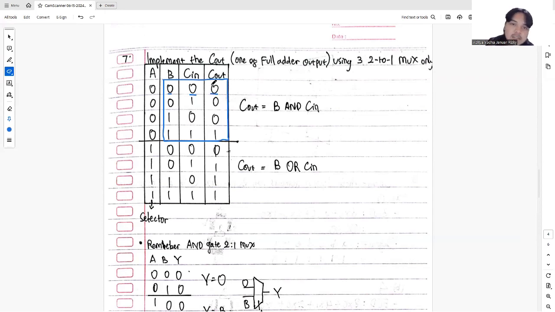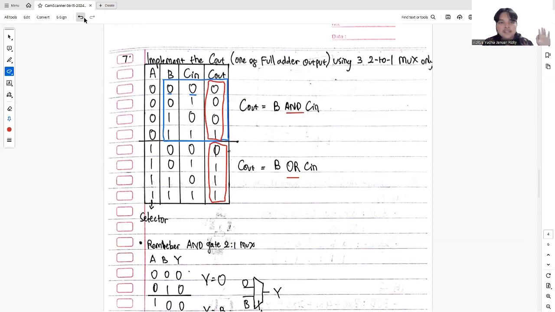You can see the characteristic of this output, and we can conclude that this behavior is exactly the same as the AND gate. Same as the other segment, I can conclude that this characteristic of output is the same as the OR gate.